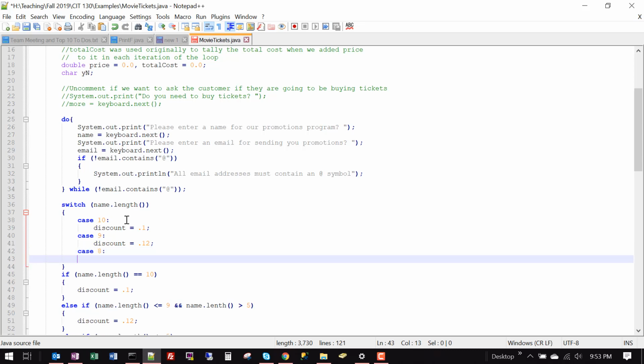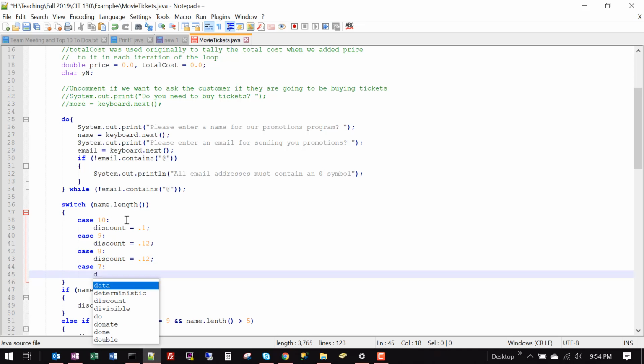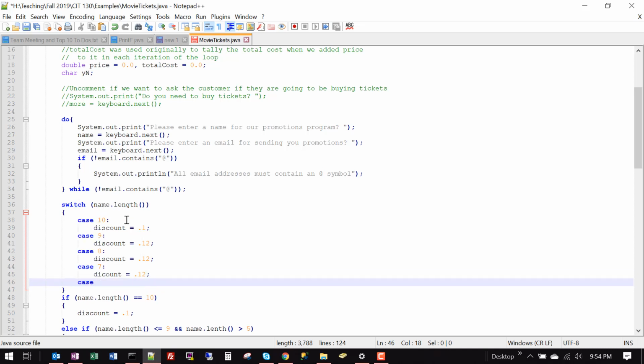Actually, you know what? I am going to just do it right now. We'll just say discount equals 12%. Case 9, 8, 7, discount equals 0.12. Case 6, because 9, 8, 7, and 6 are in that range there.